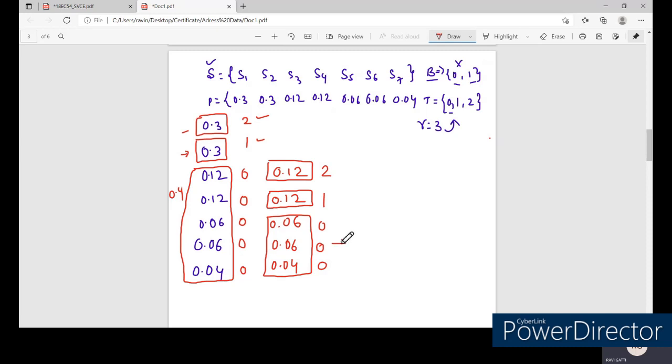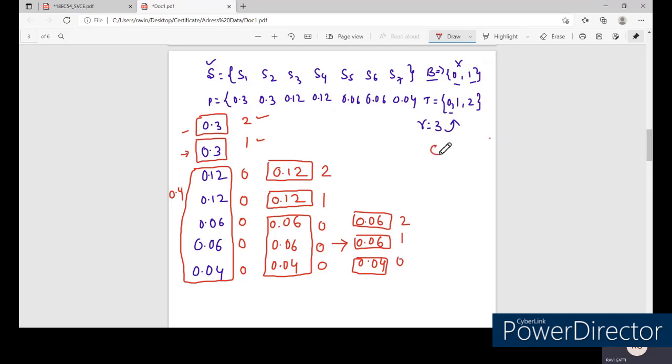Now again a division is possible over here: 0.06, 0.06 and 0.04. For this, I can divide into single blocks, and the values are 2, 1, 0.